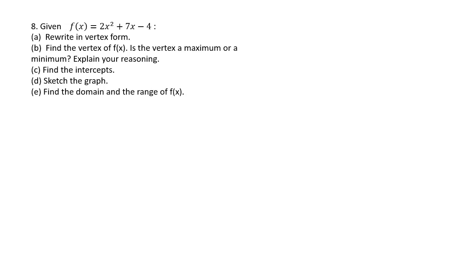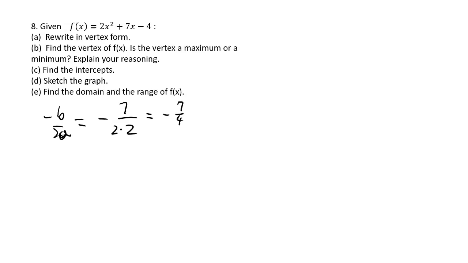Oh, another similar problem. Rewrite in vertex form. Okay, this one, it's a challenge to do this using the quadratic, completing the square. So we will not do the completing the square. We'll just do the -b over 2a thing, and in our case negative b is -7, a is 2, so -7 over 4.